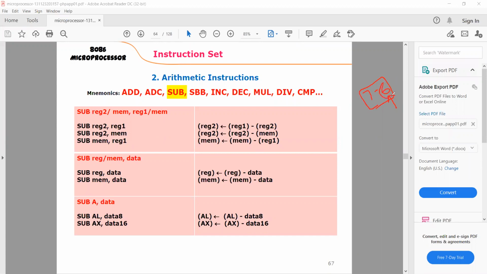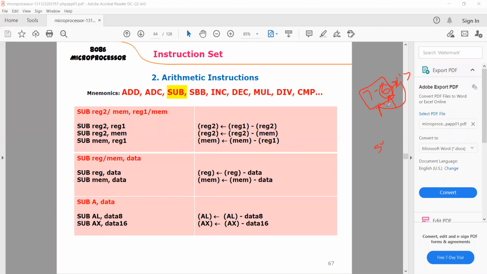For this subtrahend, first we will perform 2's complement, and then the 2's complemented subtrahend will get added to this 7. Then we will get the subtraction result. That is the process.